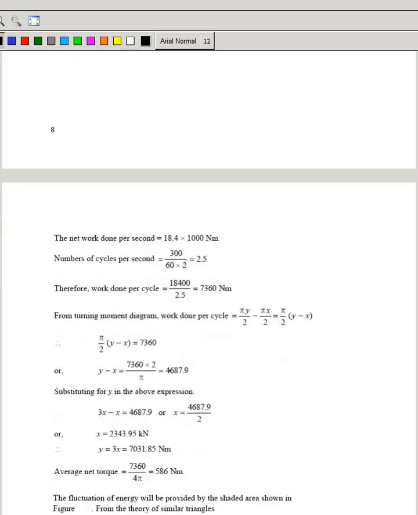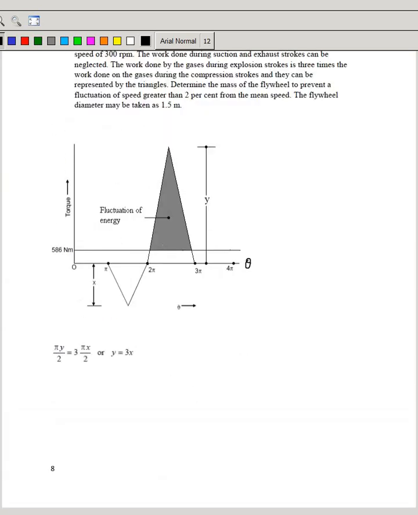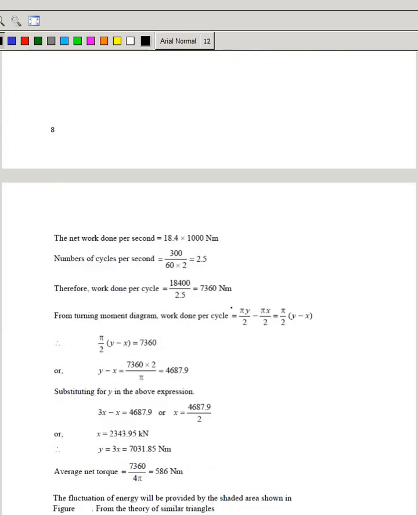And work done per cycle from this diagram is the area of the upper triangle above the theta line minus the area of the lower triangle. The area of the upper triangle is pi y by 2, and the area of the lower triangle is pi x by 2.